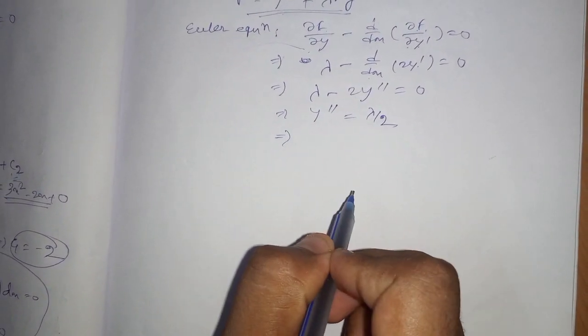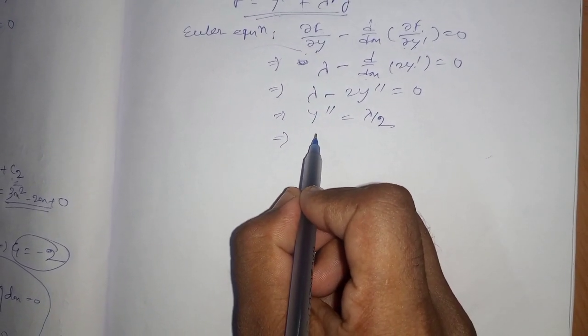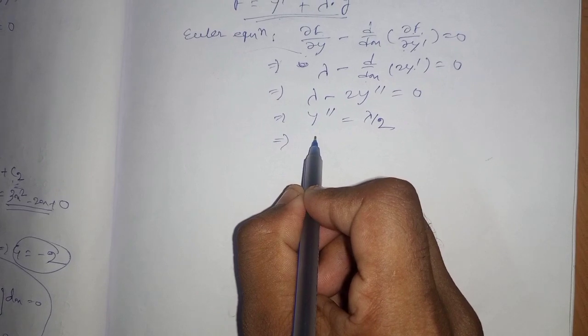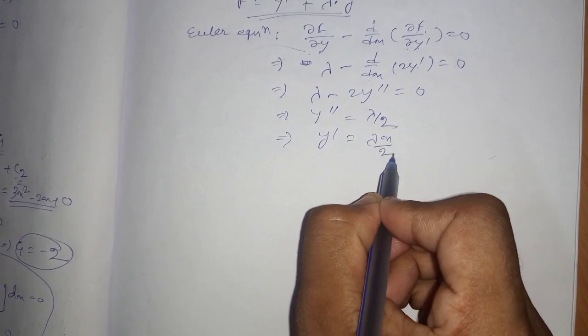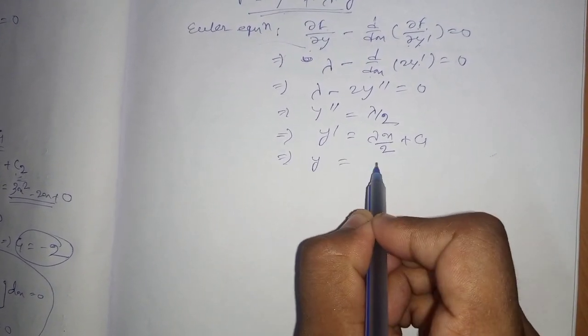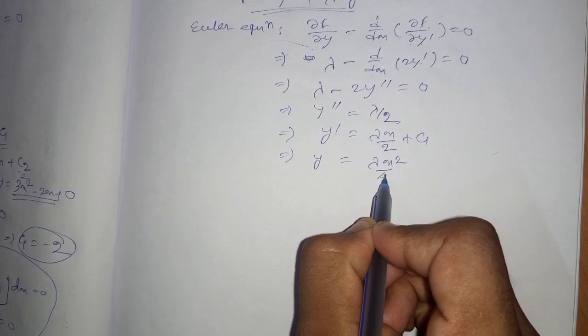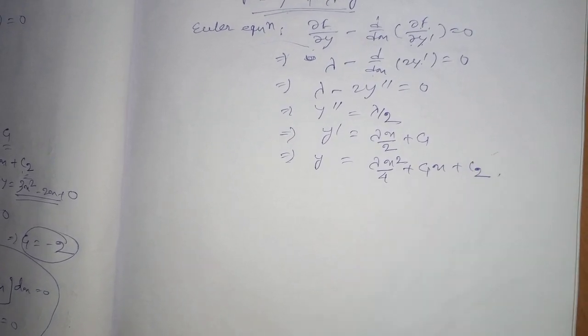Now to get the value of y, we have to use integration. So integrating this with respect to x, we'll get y dash is lambda x by 2 plus c1. Again integrating, we'll get y equal to lambda x square by 4 plus c1 x plus c2.